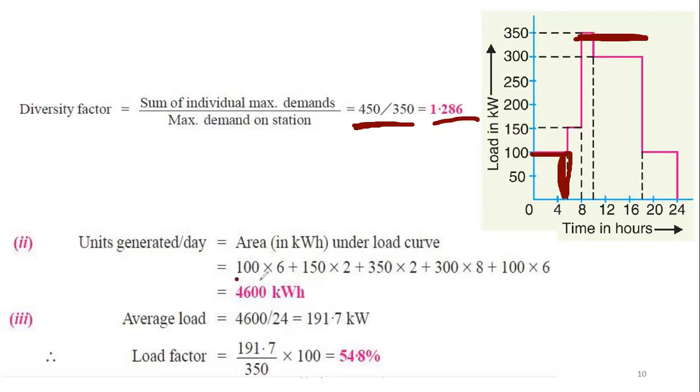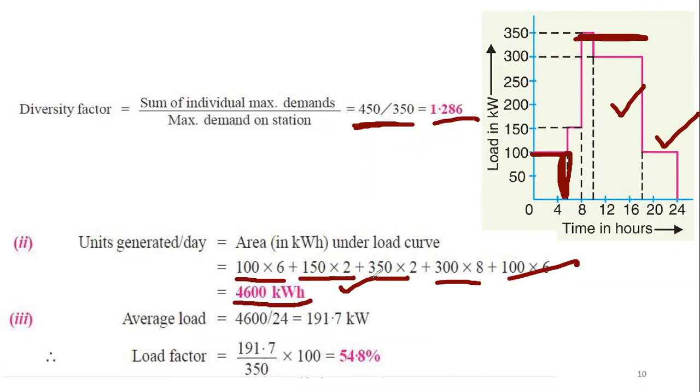Then 350 into 2, then 300 into, from 10 to 18, that means 18 minus 10, it is 8 hours. So 300 into 8, and finally 100 into, from 18 to 24, that means 24 minus 18, it is 6. So that is 100 into 6. If we sum everything, we get 4600 kilowatt hours generated per day.